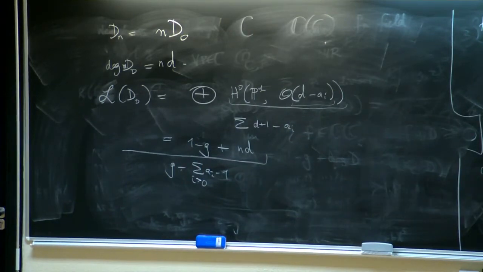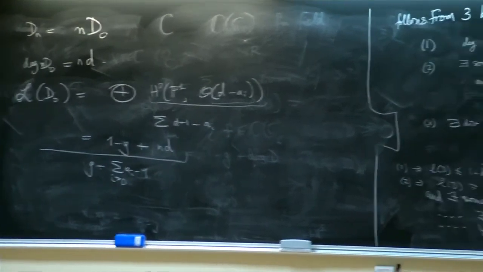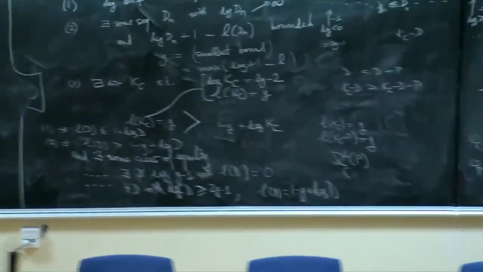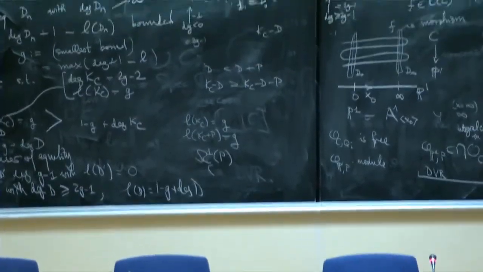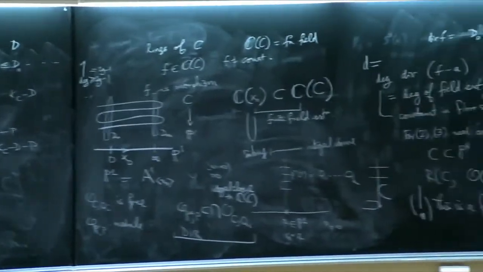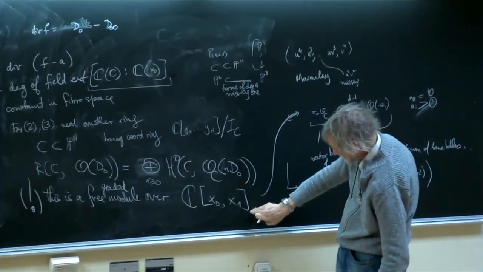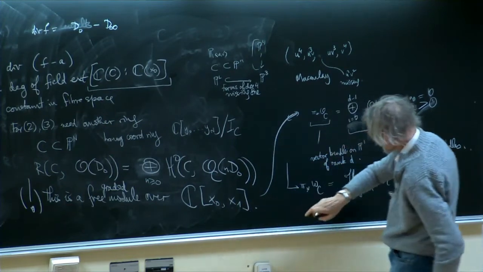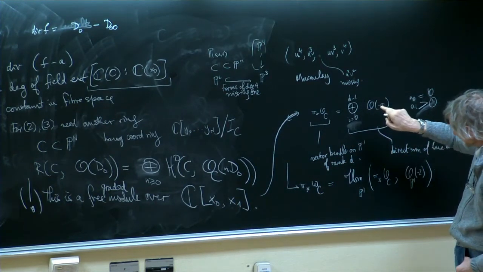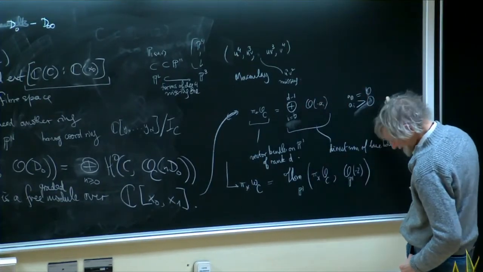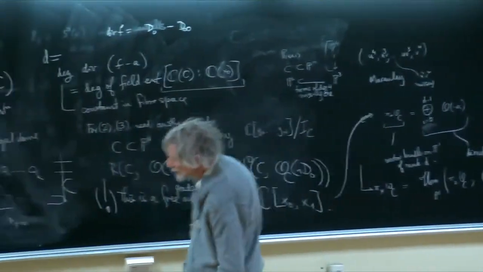I say I'm working with this ring here, which after I've massaged it, is a free module over the polynomial ring. It's a free graded module, and it's got generators 1 in degree 1 and all the others in degree negative. Yes?